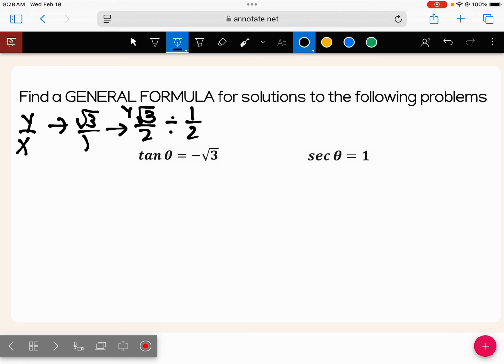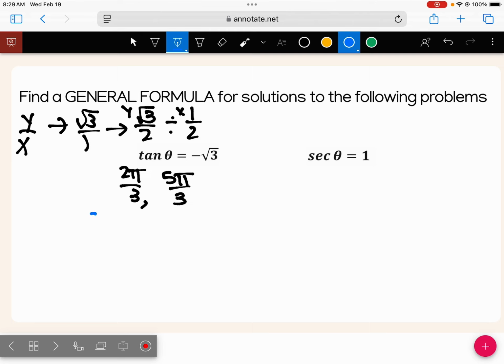So this is y and this is x. So where in our unit circle is tangent negative? In quadrants 2 and 4. So in quadrants 2 and 4, where do I have sine equaling √3/2 and cosine equaling 1/2, regardless of their signs? That is 2 pi/3 and 5 pi/3.